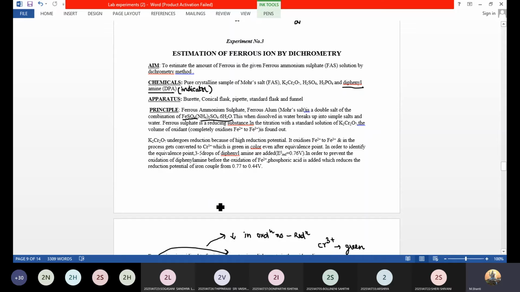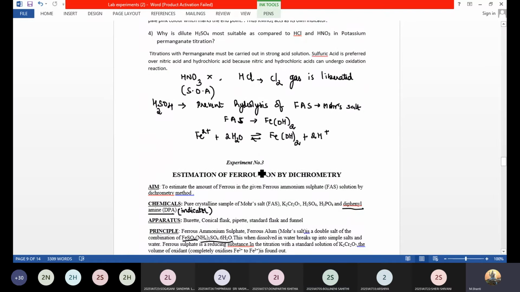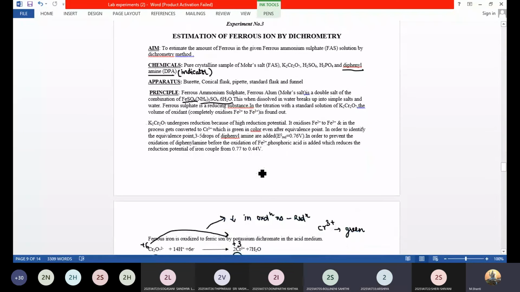Have you understood now why the indicator is used? Earlier, if you compare the KMnO4 reaction, did we use any indicator there? No, ma'am. Why? Because there KMnO4, during the reduction, gets converted to Mn2+, and Mn2+ is colorless, so there was no problem with identifying the color change at the end point, because at the end point the extra KMnO4 added will impart the pink color.